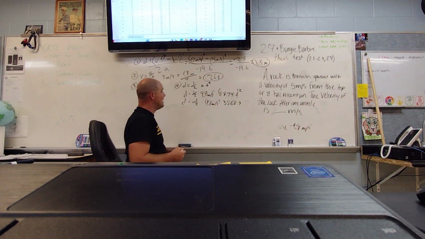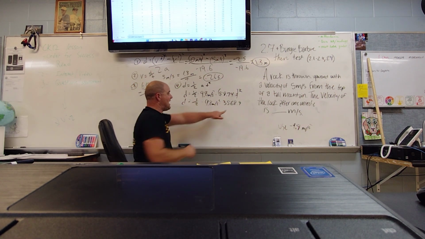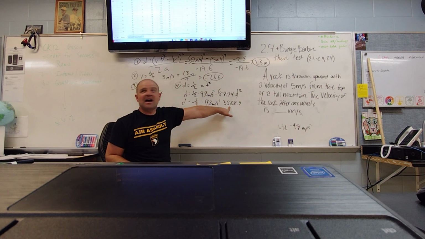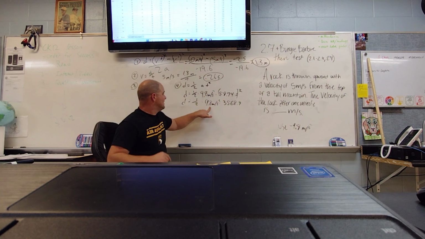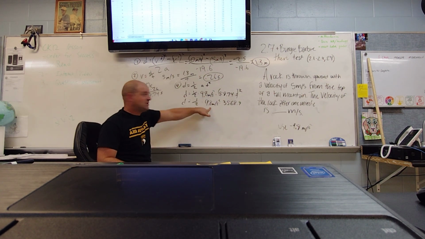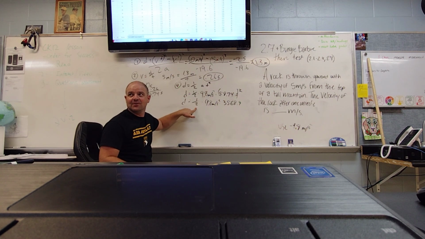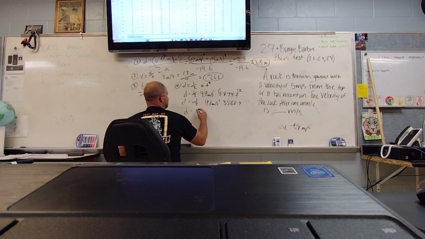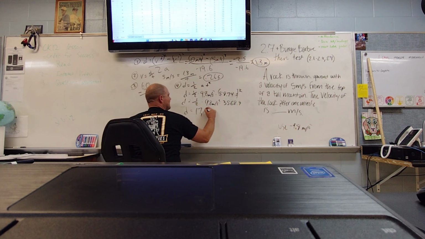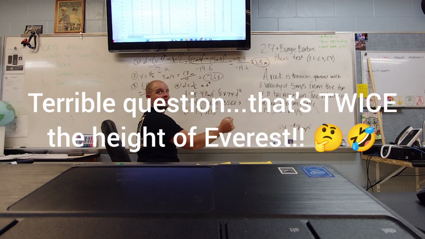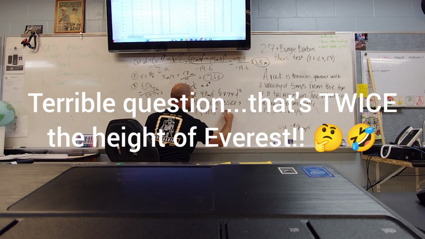So now we're just going to plug all the numbers in. You have the 3568.9 times 9.8 times 1/2, which is basically divided by 2. That's 17,505.5. So our displacement is 17,505.5 meters.